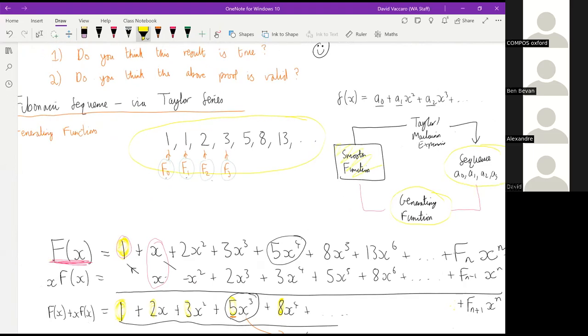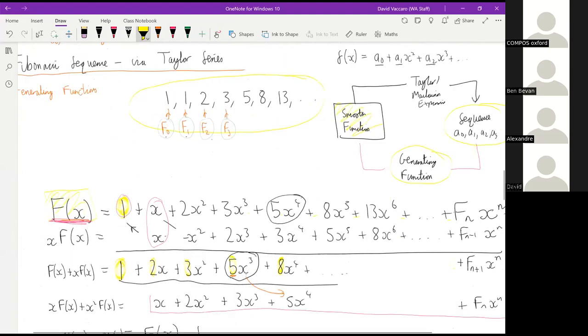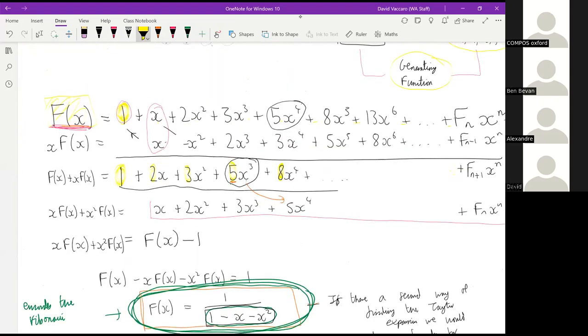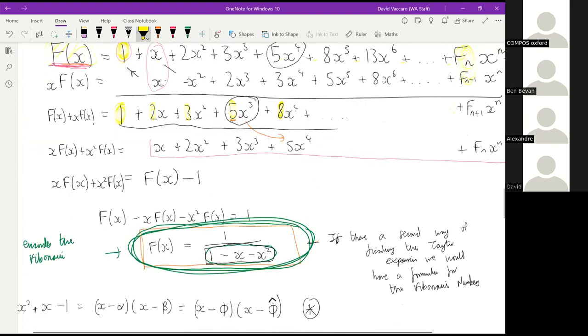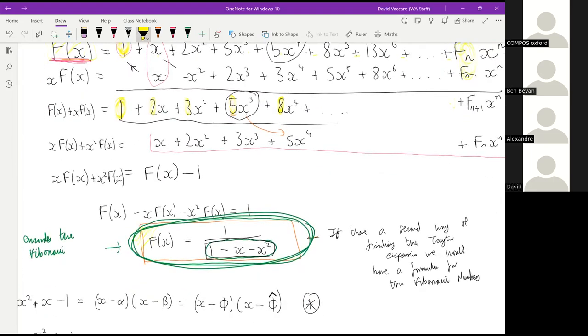So I defined this mystery function whose Taylor expansion was the Fibonacci numbers. I then did a little bit of algebra to utilize the Fibonacci relationship to find out what this mystery function was. So this mystery function was 1 over 1 minus x minus x squared.